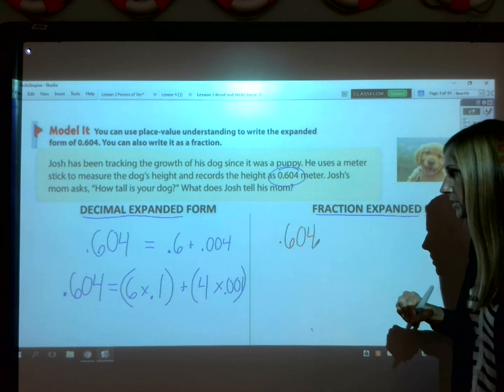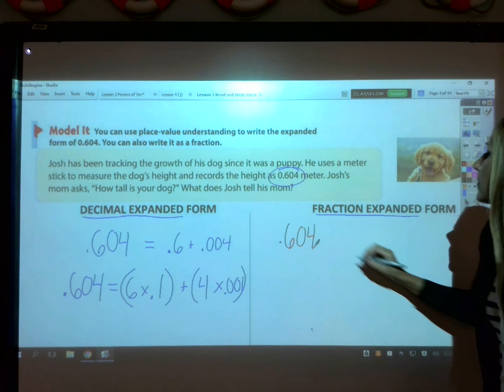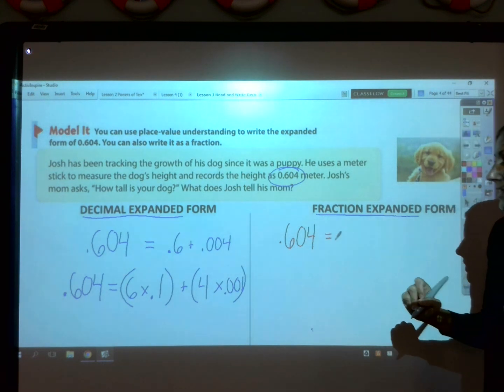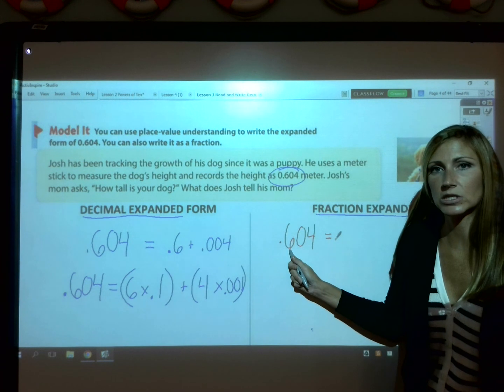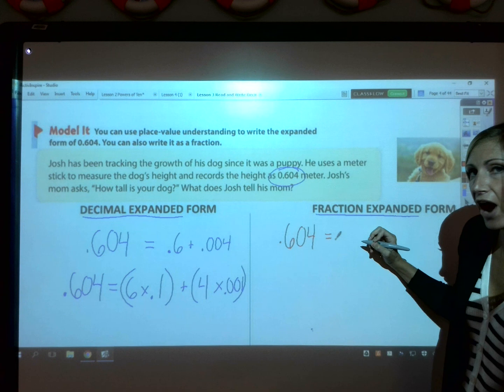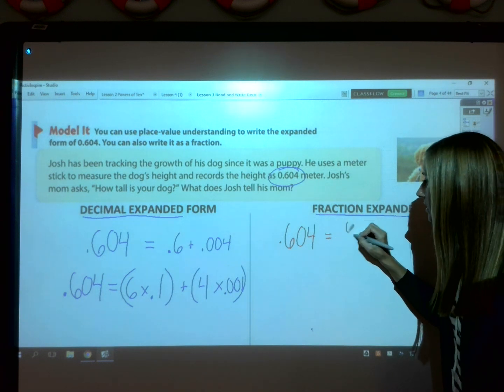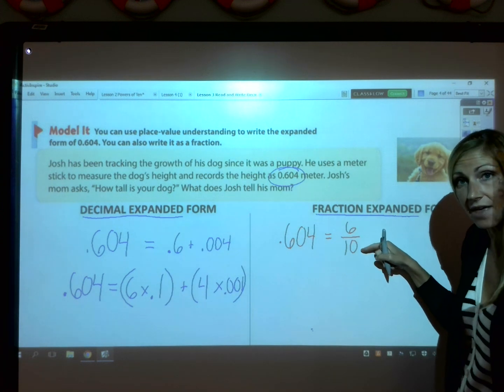Same number, we still have 604 thousandths. So we're just going to take it a little bit out and show the digits in their place value. So what place value is this in? Tenths. So we can write that as a fraction. It would be 6 over 10, 6 tenths.